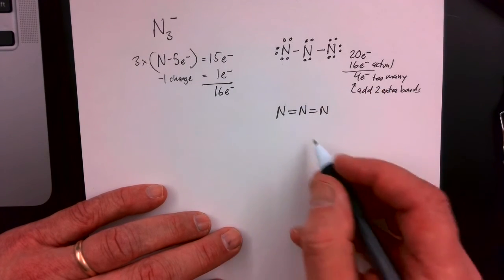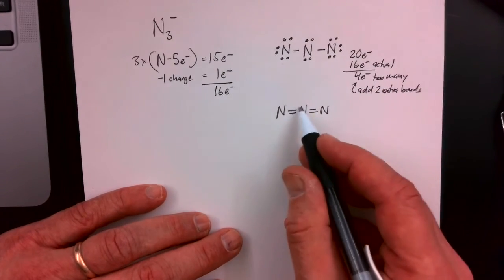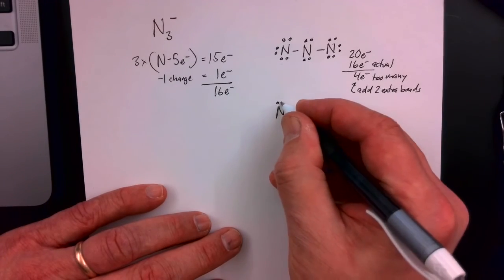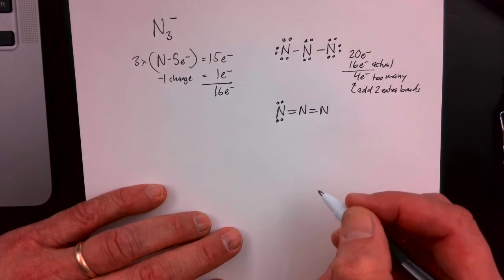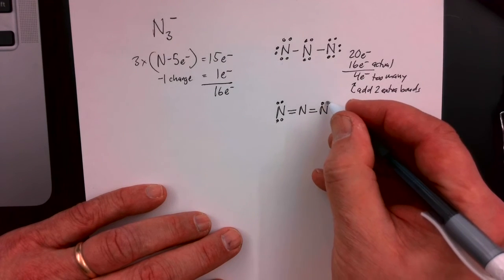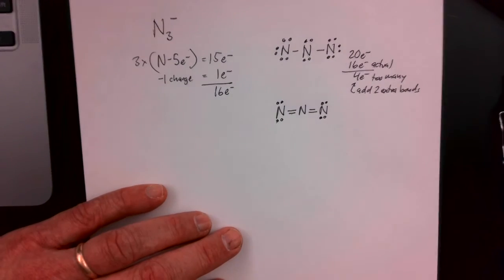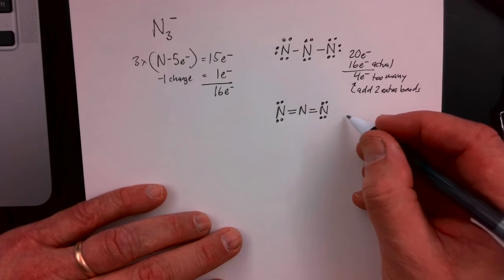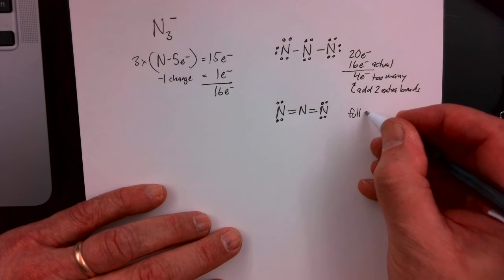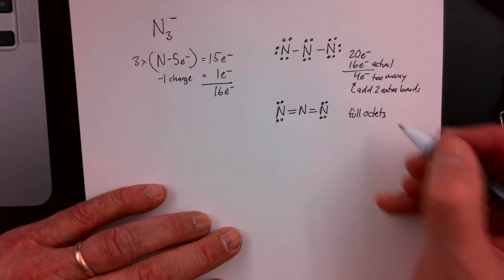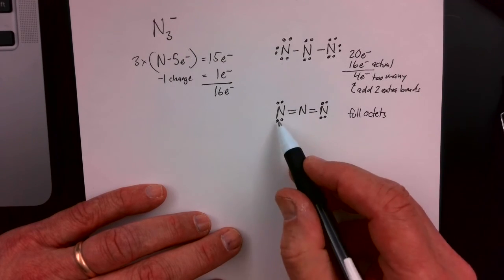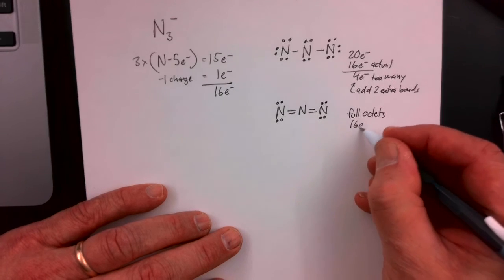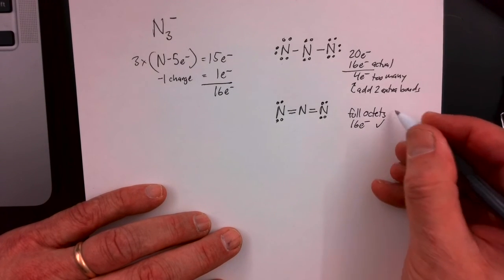And let's see, let's fill in our octets. 2, 4, 6, 8. This guy is full. 2, 4, 6, 8. 2, 4, 6, 8. Right? And so this is the right number. This is full octets. I like that. It has 2, 4, 6, 8, 10, 12, 14, 16 electrons.